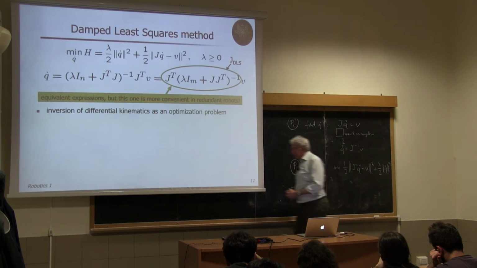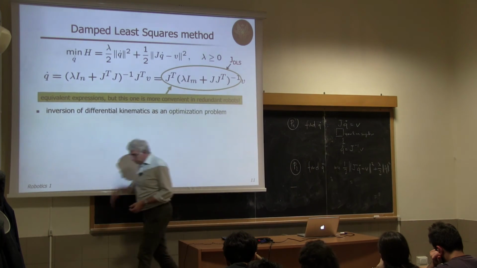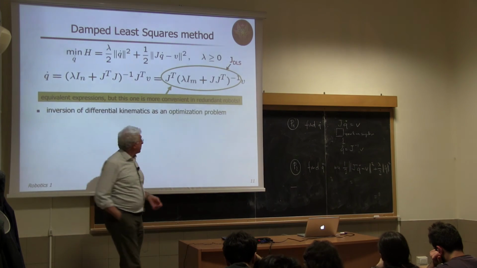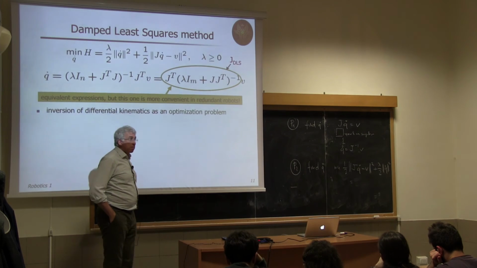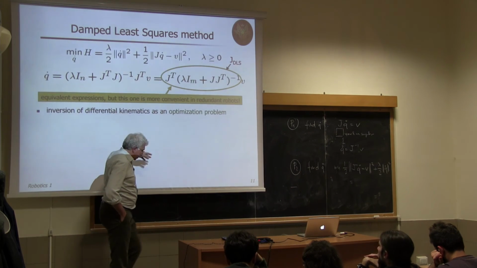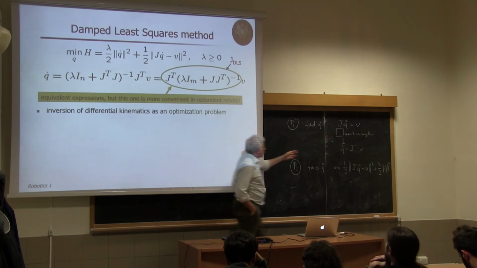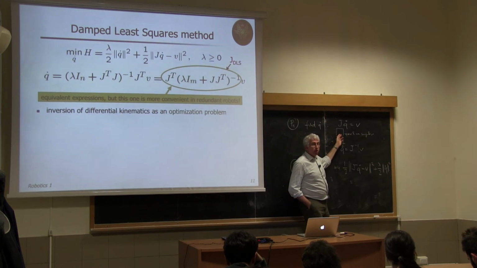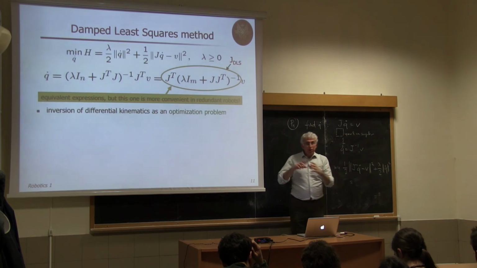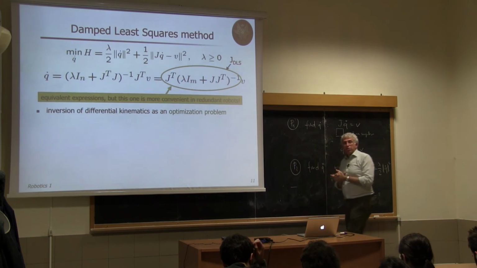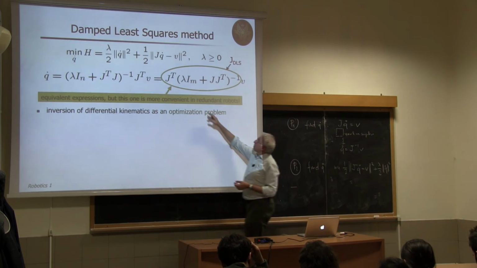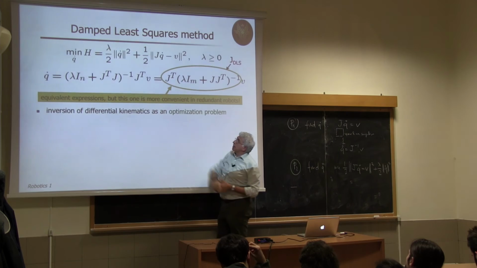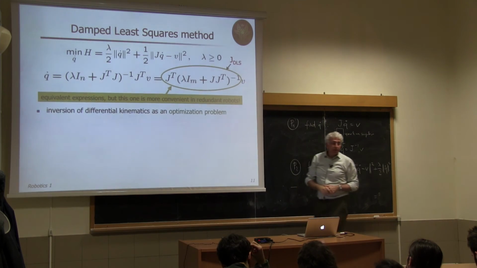Now, the nice thing is that the solution can be found in closed form. And there are also alternative ways of writing things which are exactly equal if J is square, singular or not, pay attention. But if J is associated to a redundant case, so there are fewer rows than columns, then this expression is more convenient.